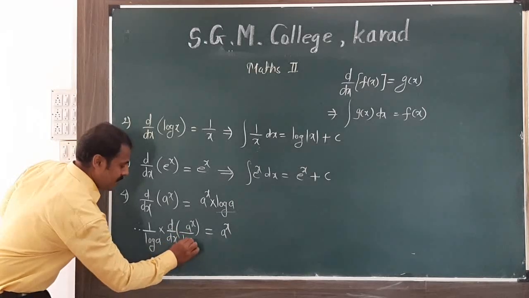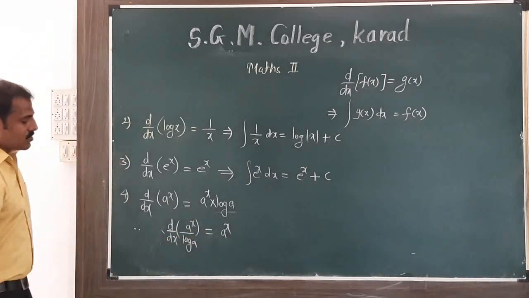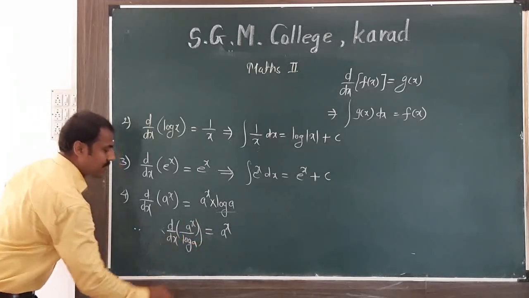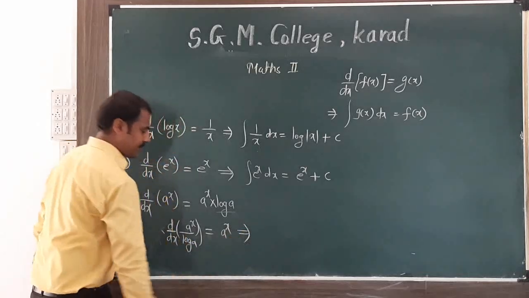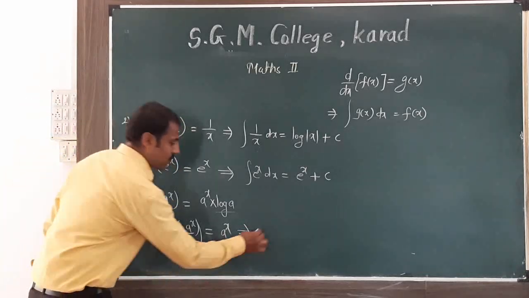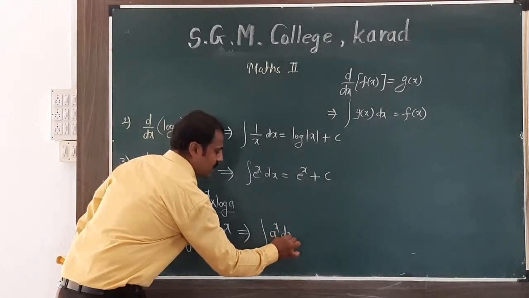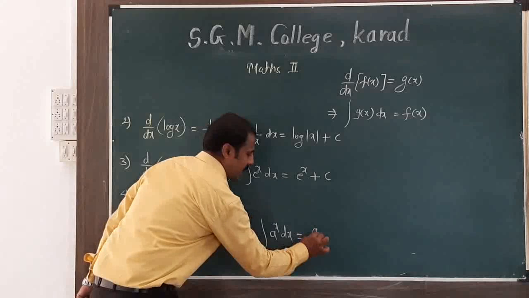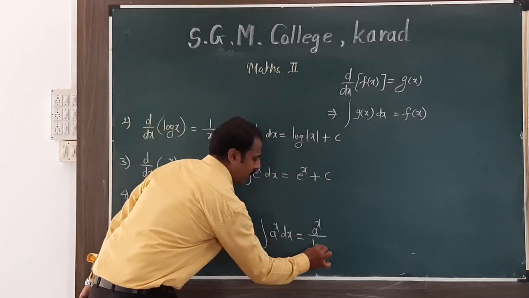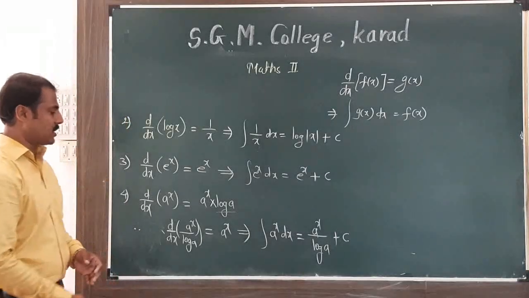So we get, yes, d dx of a raised to x divided by log a is equal to a raised to x. This implies that integration of which function? A raised to x with respect to x is equal to a raised to x divided by log a plus constant of integration c.